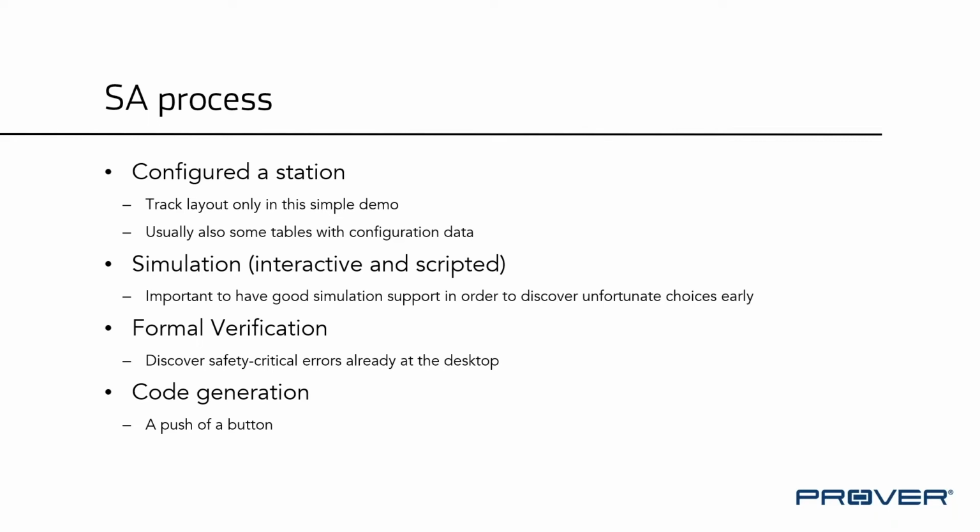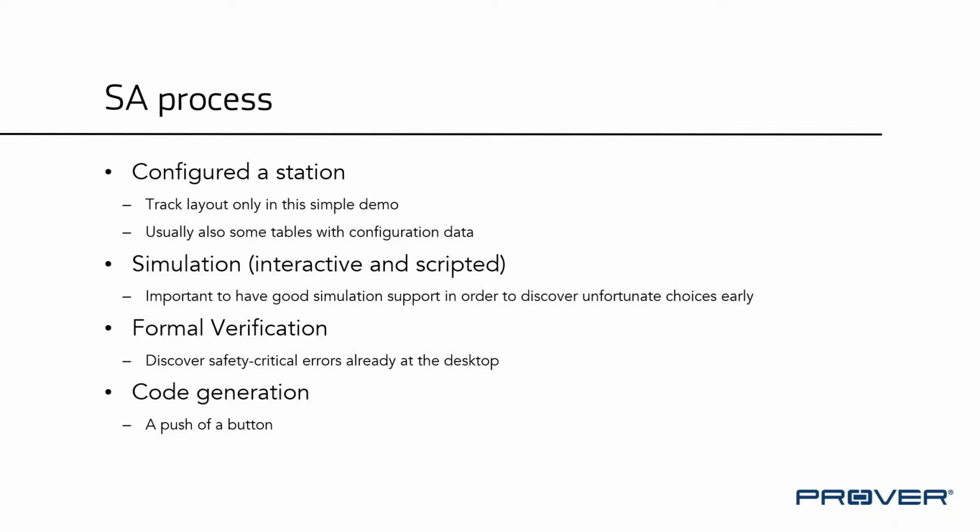I showed also simulation, which here is both interactive simulation and scripted simulation. In my opinion, it's very important to have good simulation support in order to discover unfortunate choices early. Even if everything is according to specifications, it might be the case that some choices of how to actually draw the tracks and so on are unfortunate because of the signaling principles.